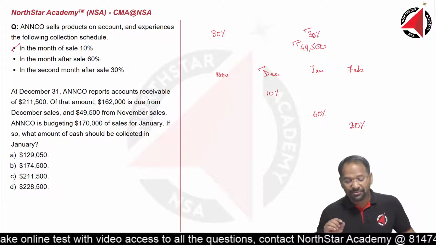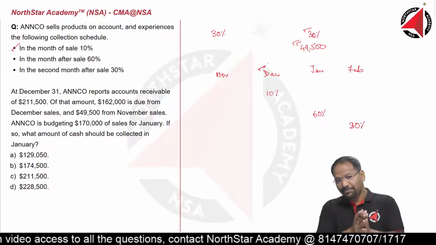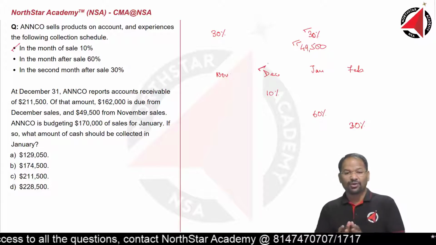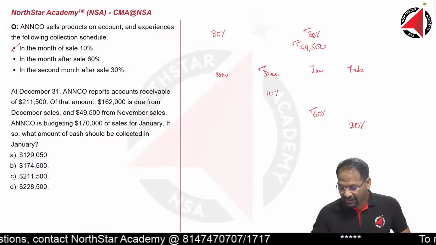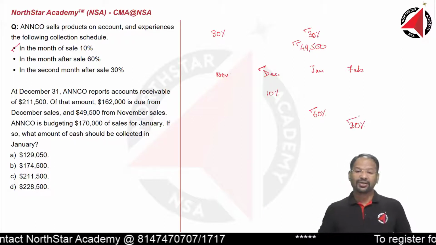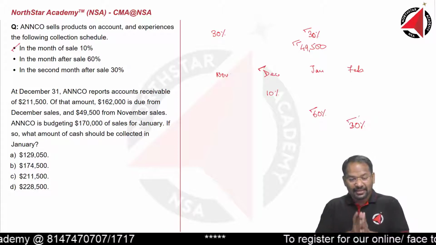Whatever we have sold in the month of December, I will repeat again, 10% will be collected in December only. 60% of the total credit sales will be collected in the month of January, and the balance in the month of February. So how much is the accounts receivable balance now?